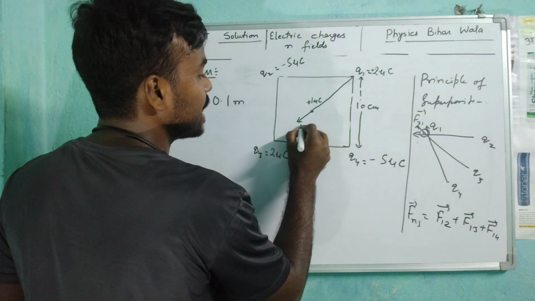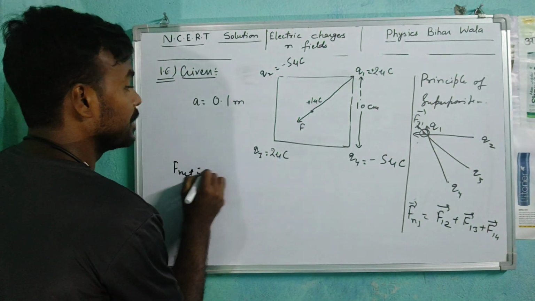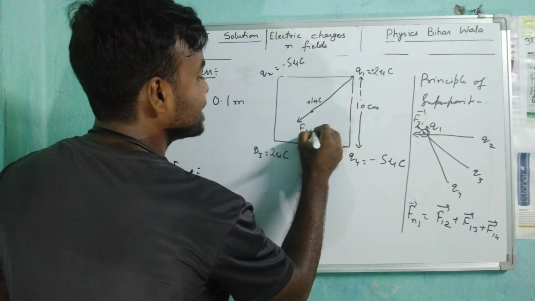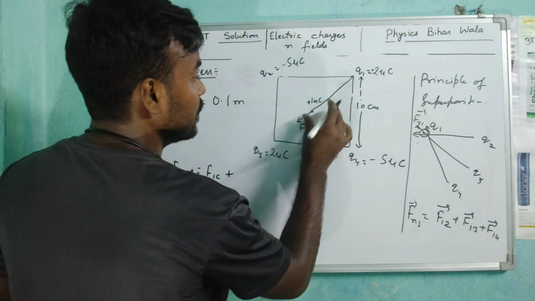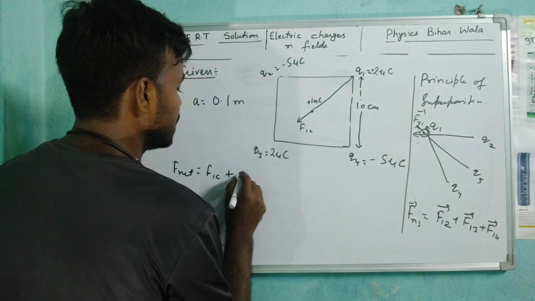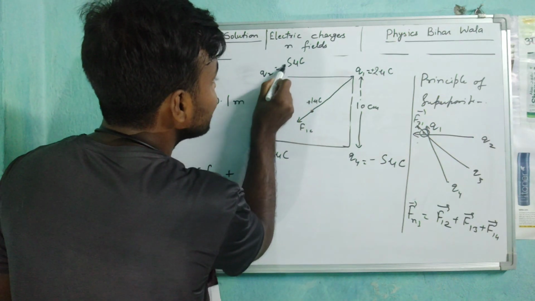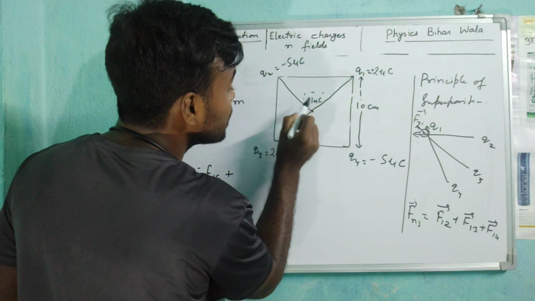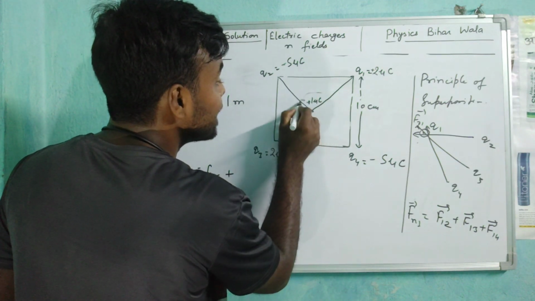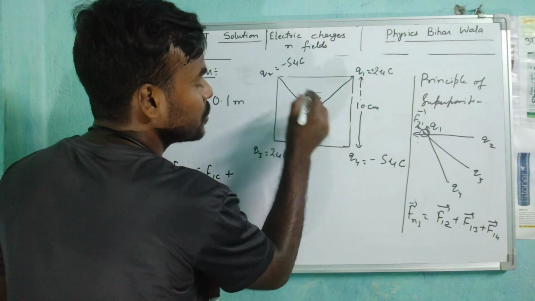So the net force can be written as F1C, the force on the center. Then this is minus and this is plus. It means the plus 1 microcoulomb charge feels attraction, so the direction of force will be this.